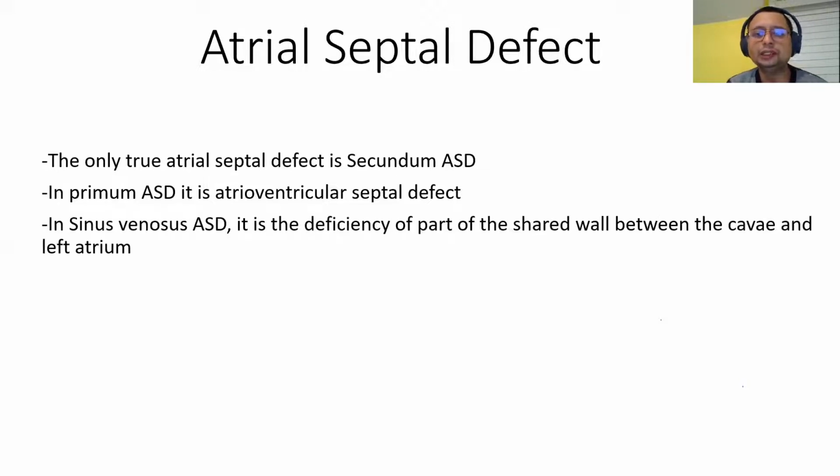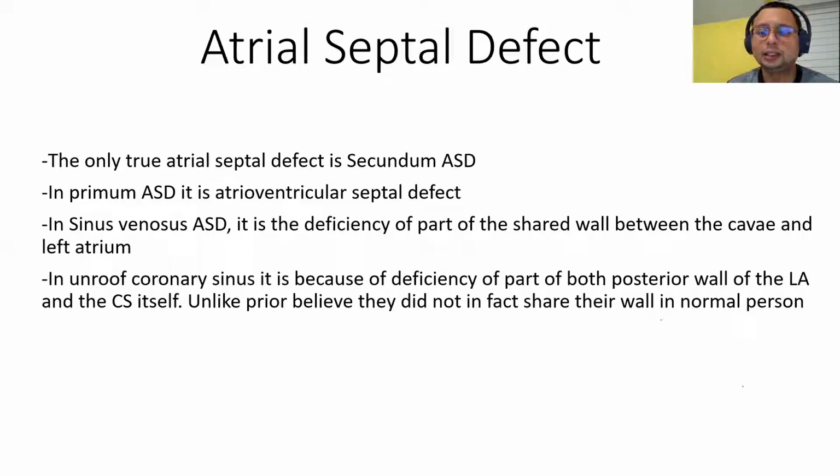In sinus venosus ASD, the third type of atrial septal defect, the deficiency is actually not the atrial septum, but part of the shared wall between either the superior vena cava in the case of superior sinus venosus ASD, or the inferior vena cava in the case of inferior sinus venosus ASD, with the left atrium.